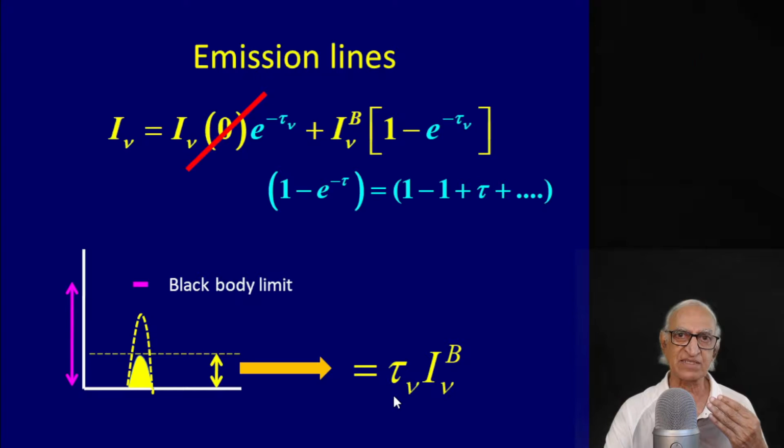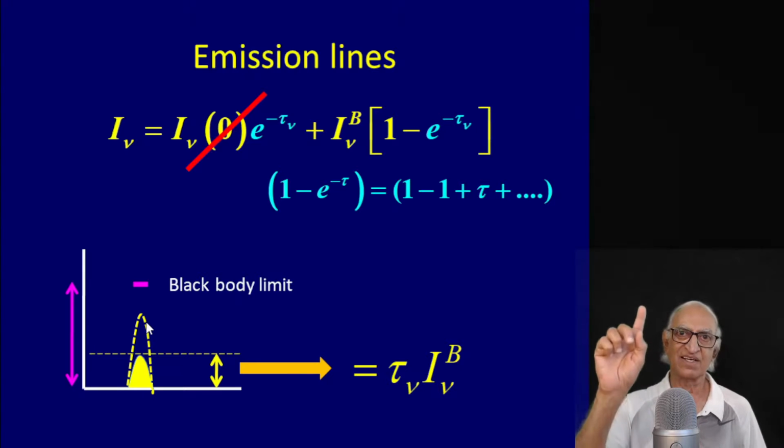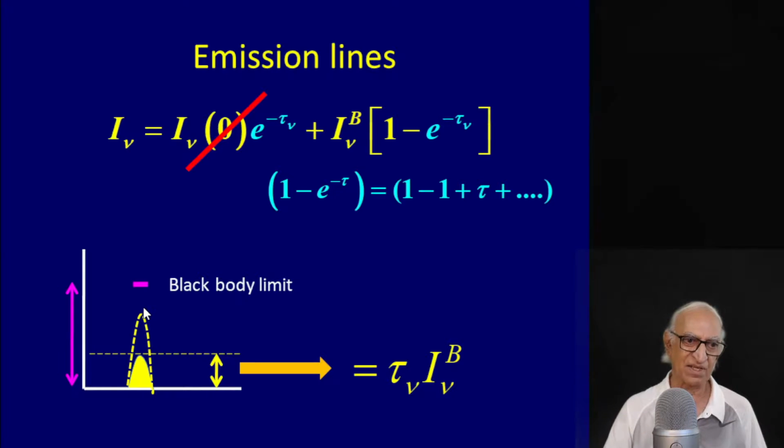Therefore, the intensity of radiation that I will get will correspond to the black body. But please remember, the limb of the sun is not opaque. I'm just illustrating that the limiting value of these emission lines will be the black body specific intensity.